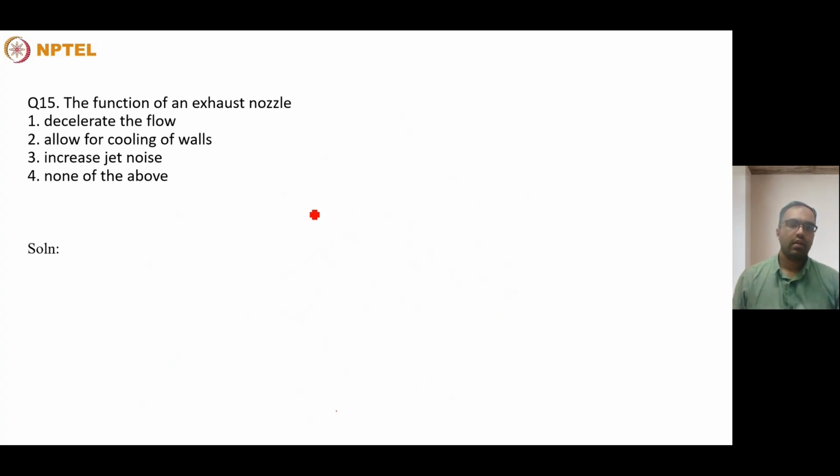So the function of the exhaust nozzle is to allow for cooling of the walls. The exhaust nozzle increases the flow velocity, so the first option is wrong. It decreases the jet noise. And it allows for the cooling of walls. So the answer is option B.